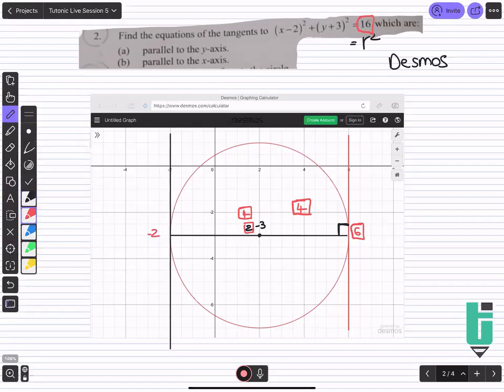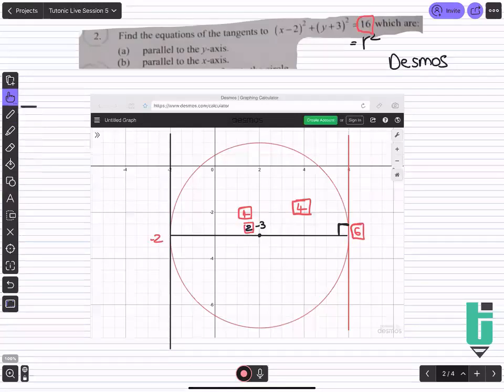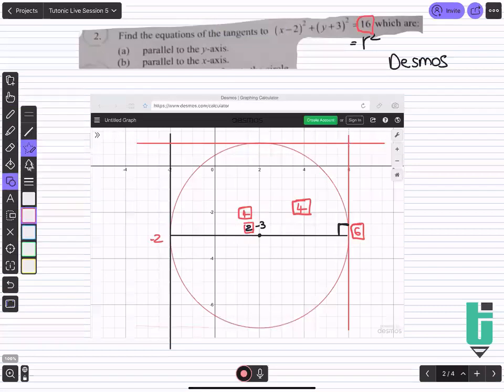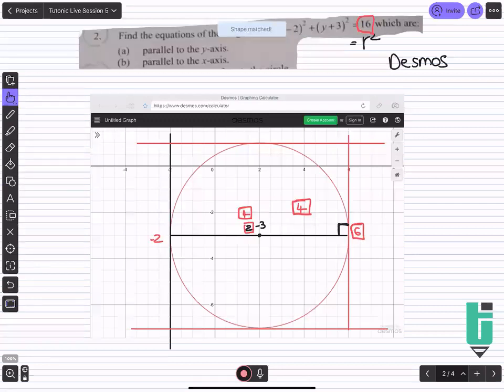Now, given that you understand that, let's do the next question. If the tangent was parallel to the x-axis, what does that mean about the radius? It's a vertical line.